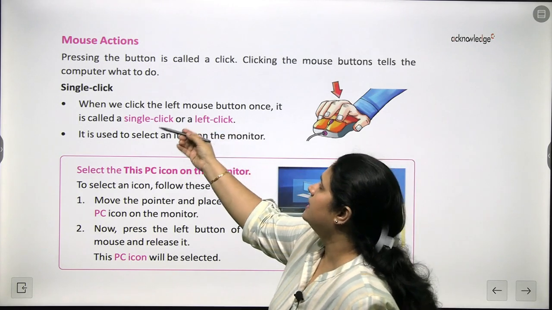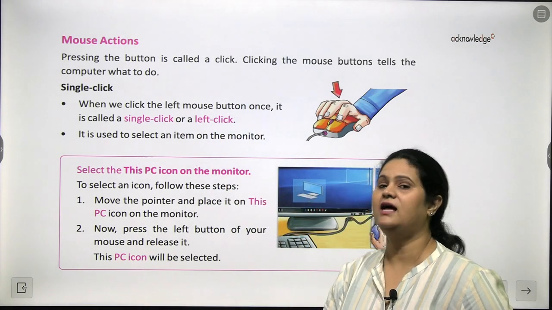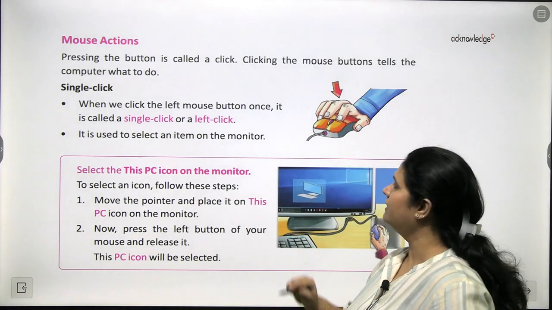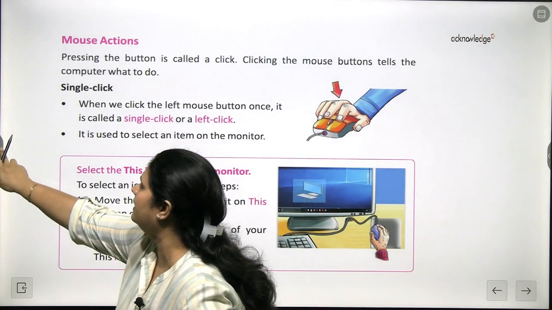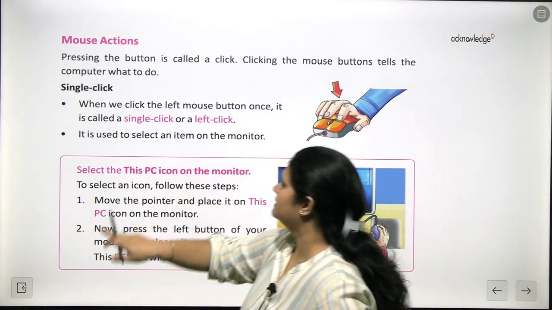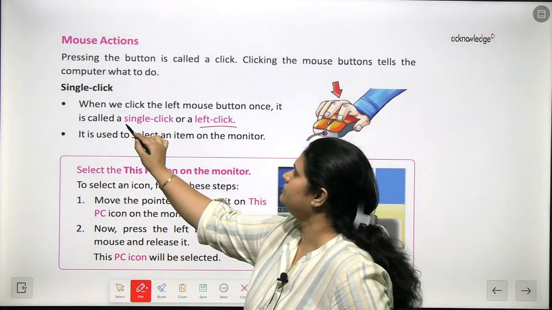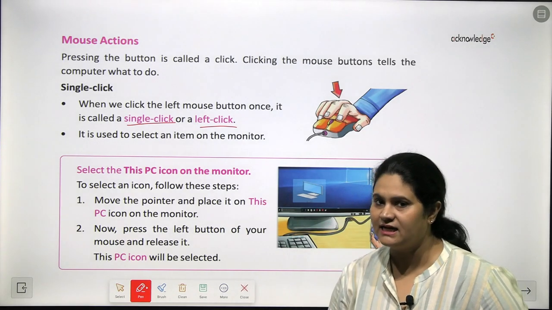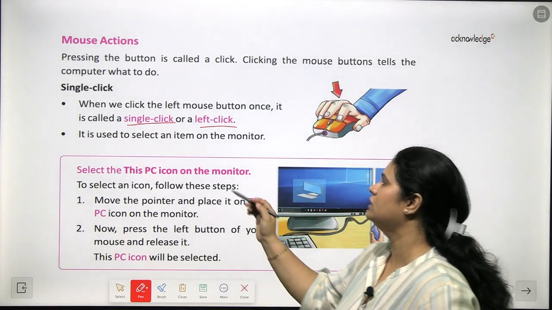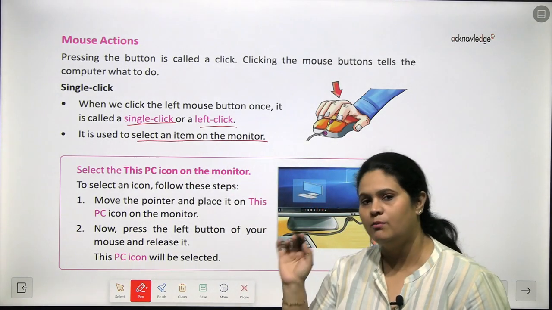When you click the left mouse button once, it is called a single click, right? Or a left click. It is also called a left click. Single click or a left click. Right? What is it used for? Single click is used when you want to select an item on the monitor.